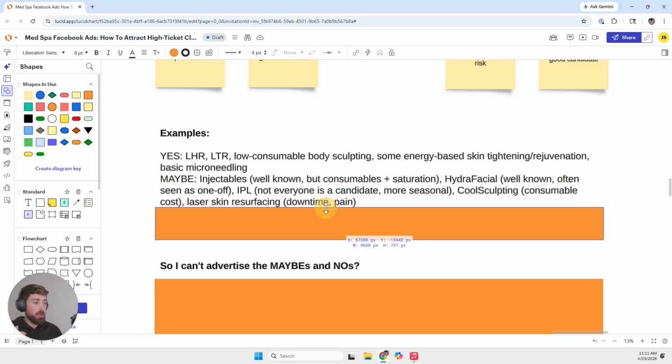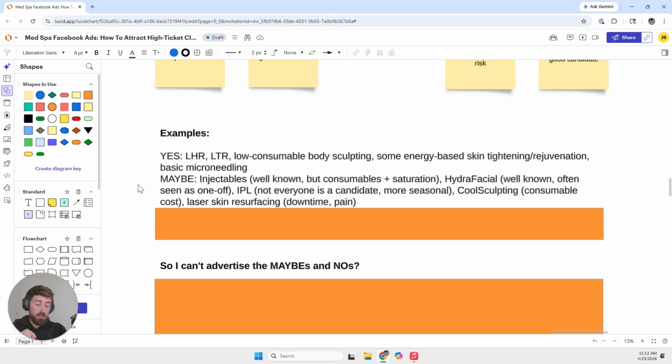Now, as for the maybe treatments, injectables are a maybe. There's some nuance here because, like I said before, we run plenty of campaigns specifically for injectables, mostly Botox and other neurotoxins. The thing with injectables is that they're very well known, so they're pretty easy to advertise. People know what it is and they understand.